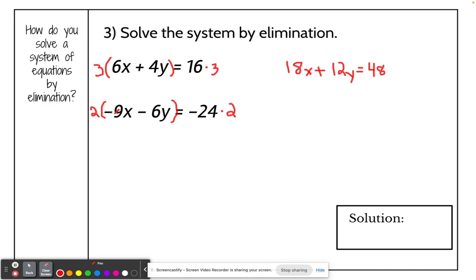I have here 2 times negative 9x, negative 18x. 2 times negative 6y, negative 12y. And negative 24 times 2 is negative 48.